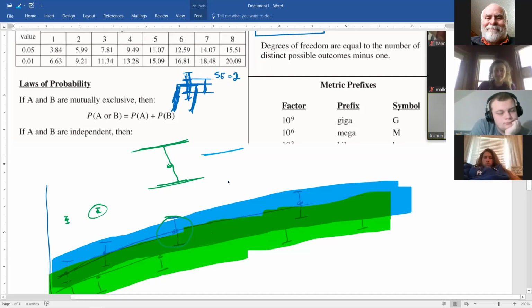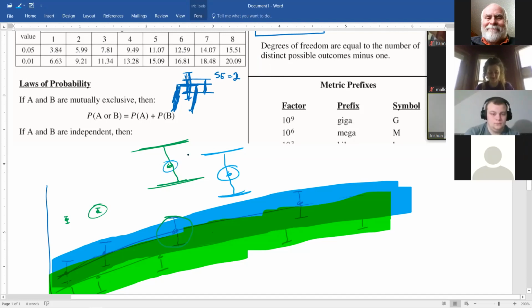If the error bars overlap for a set of data, these two points might actually be a real difference, but because the error overlaps, we cannot know that it is a significant difference. All right. Any questions?